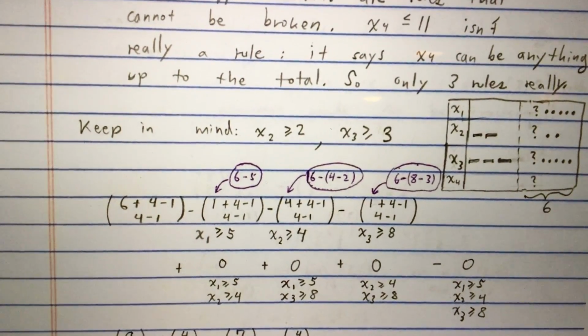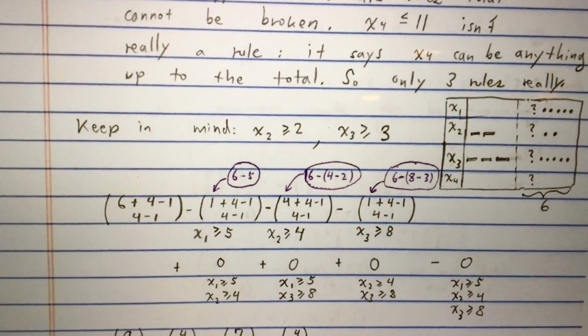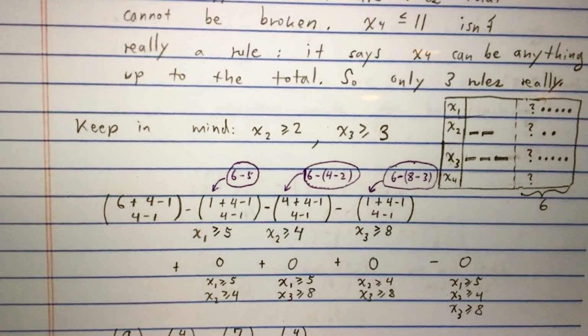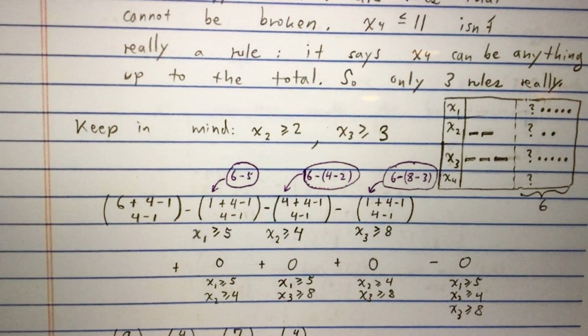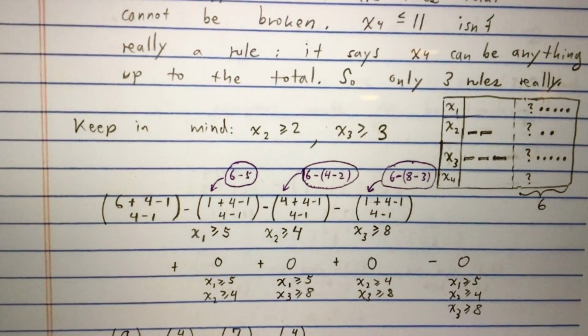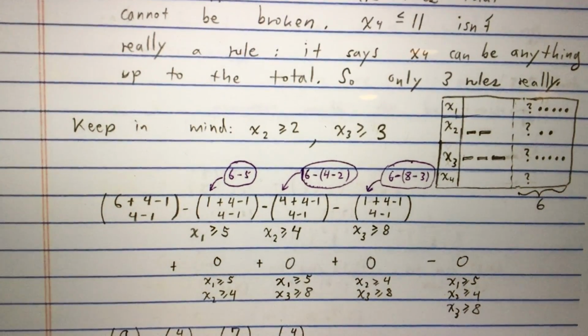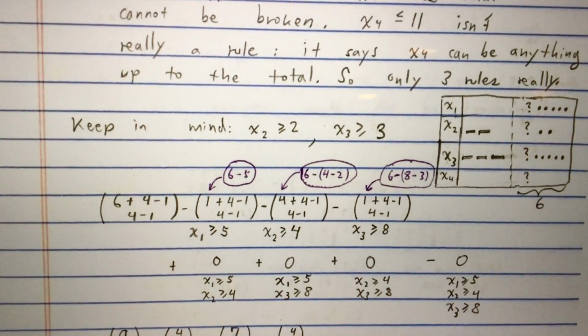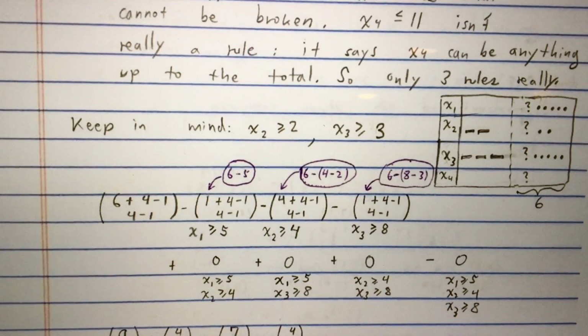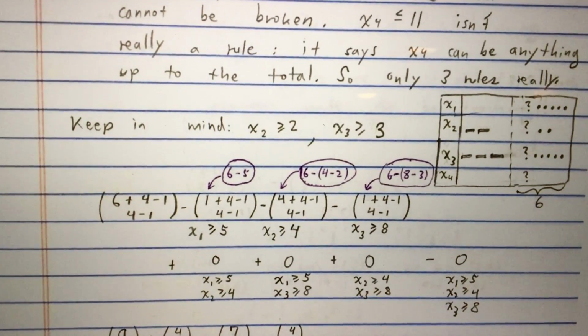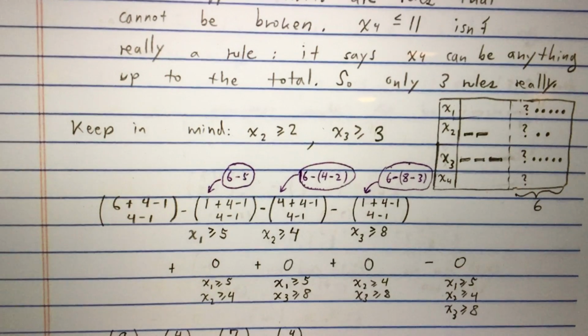But is there any way to do that? If x1 is greater than or equal to 5, so I put in 5 in the x1, and x2 is greater than or equal to 4, I put in 2 more in x2, then I've used up 7, 5 plus 2. And that's more than 6, so there's no way to do it.